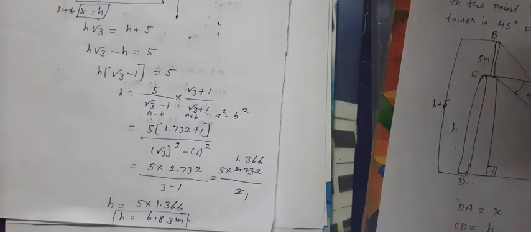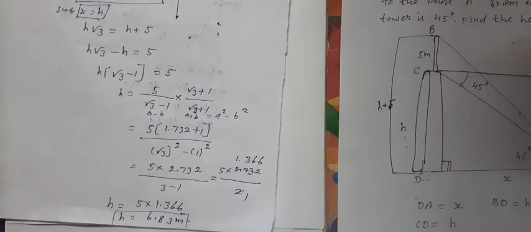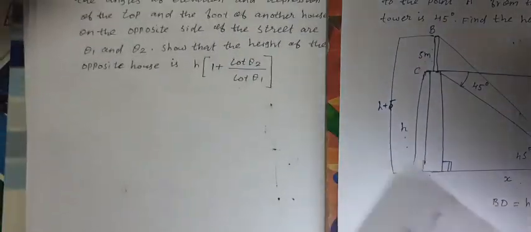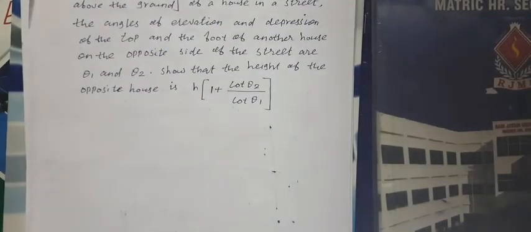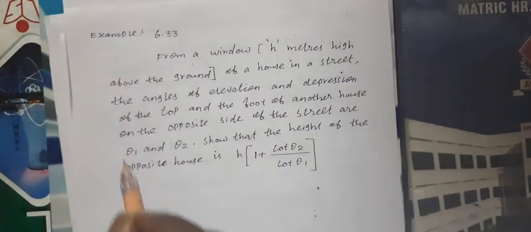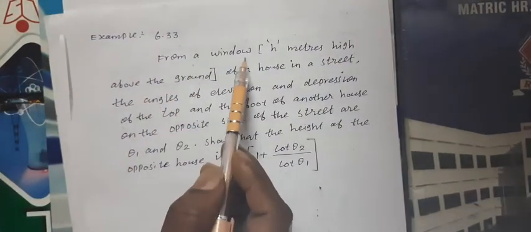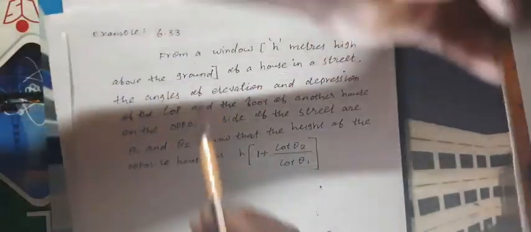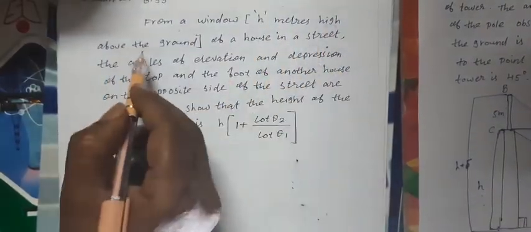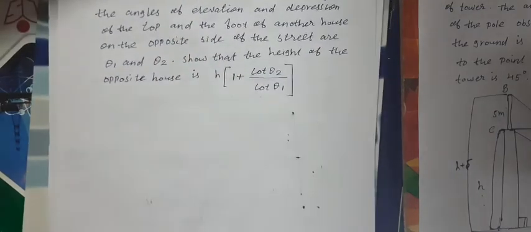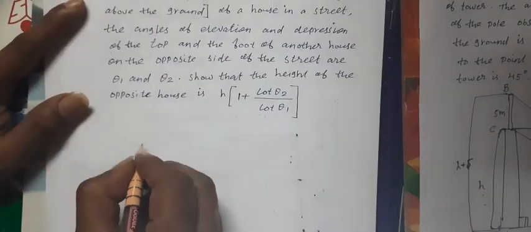Okay, clear? And next I will go for the next sum. Example 6.33. Okay, see the question. From a window, H meters high above the ground, so here I can take the window.